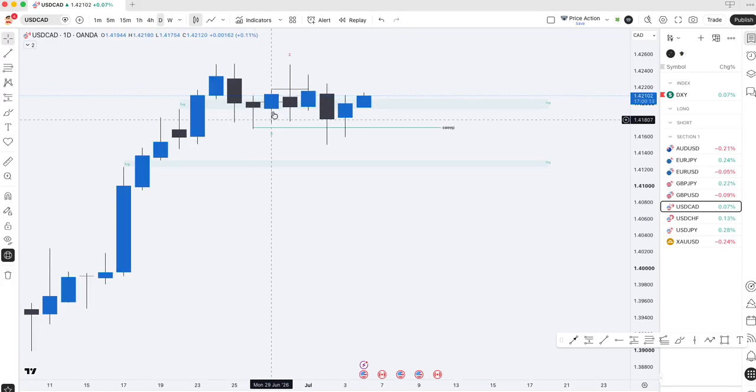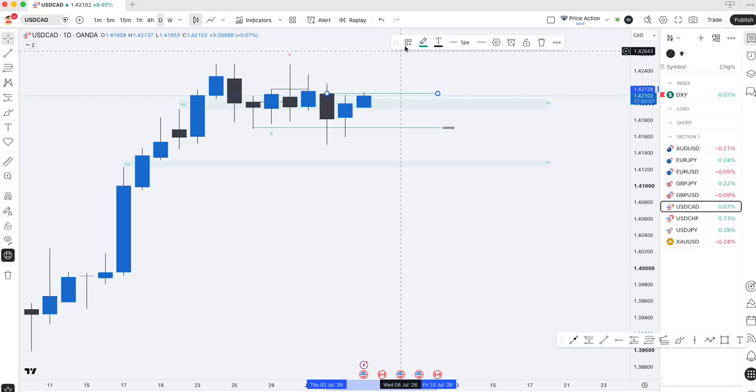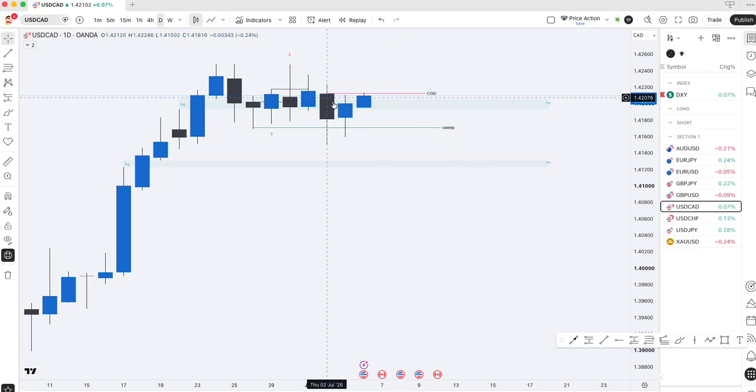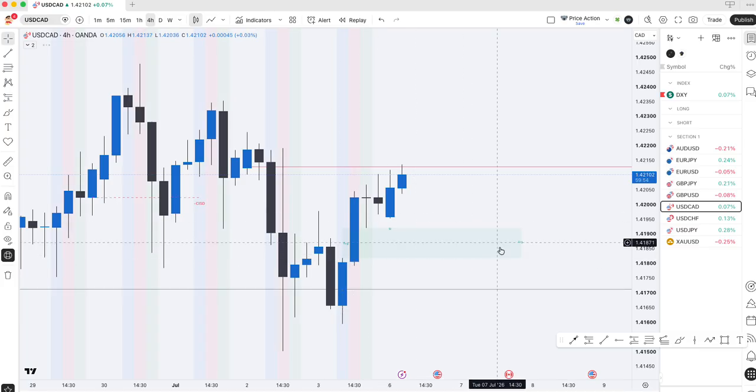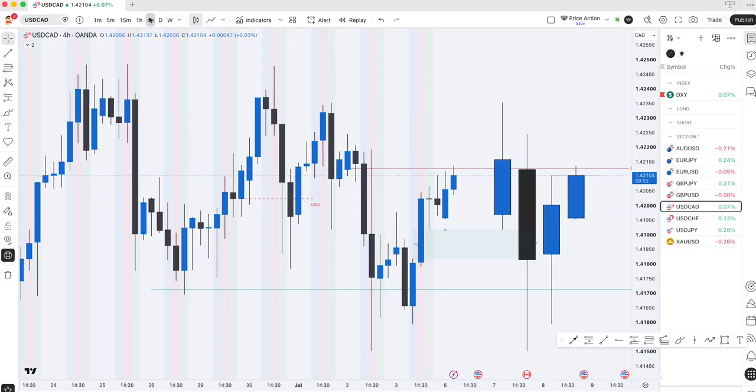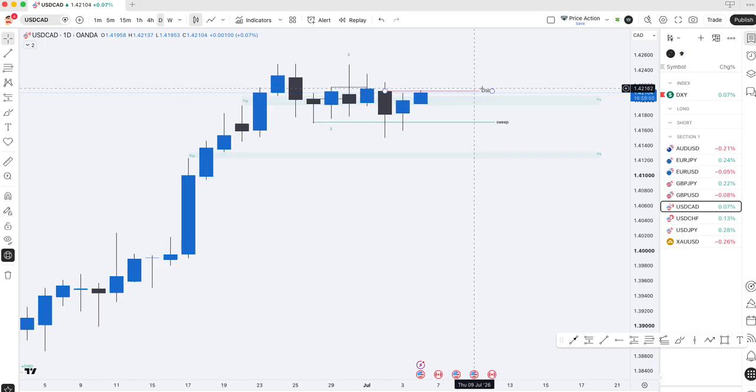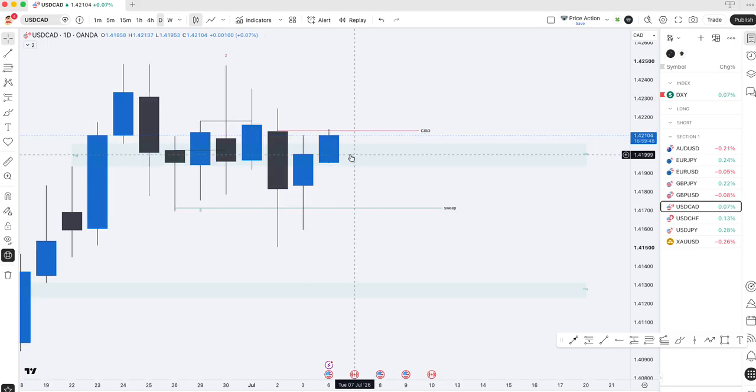We are in an uptrend, consolidate, sweep the low, and what it means is we can continue, we can expect price to go to the upside. We also have a change in state of delivery here if this closes to the upside. But there's no C2, there's no C3. If I look at 4 hour, we have a bullish fair value gap here, but the daily time frame just does not make sense for me.